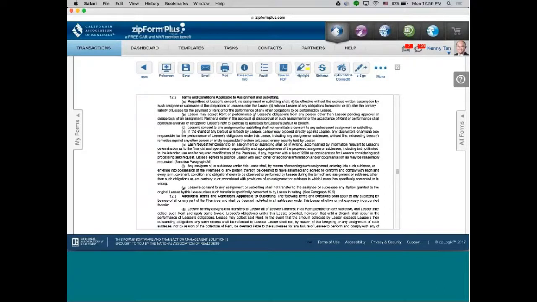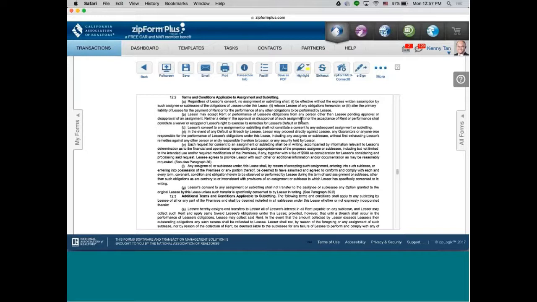All right, and then it says here, "Lessor may accept rent or performance of lessee's obligations from any person other than lessee pending approval or disapproval of an assignment. Neither a delay in the approval or disapproval of such assignment, nor the acceptance of rent or performance shall constitute a waiver or estoppel of lessor's right to exercise its remedies for lessee's default or breach."